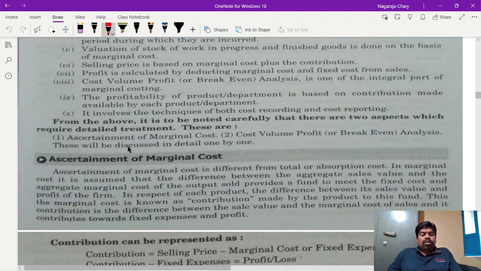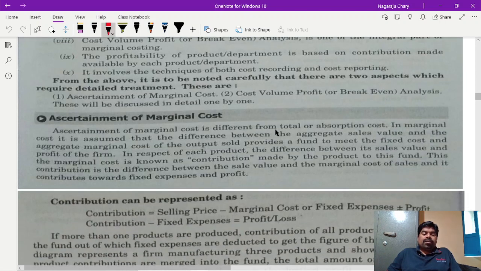So it is possible in both. Two aspects require detailed treatment: ascertainment of marginal cost, and cost volume profit, that is break-even analysis, which will be discussed in further classes. So we see ascertainment of marginal cost.